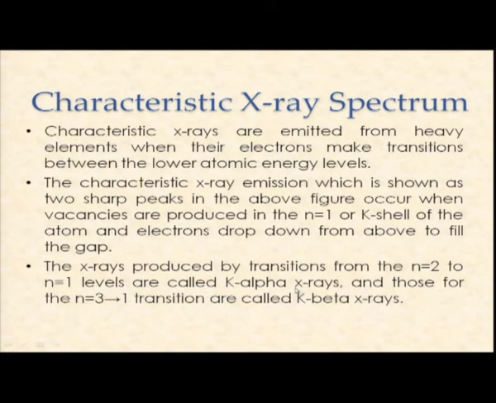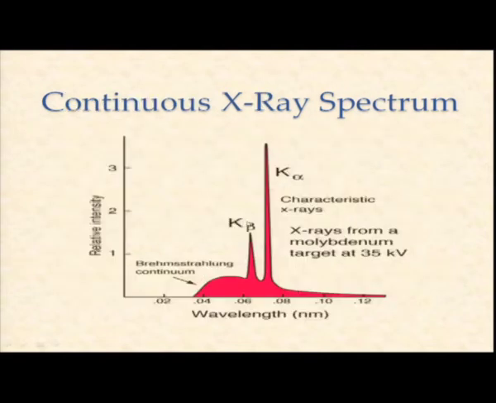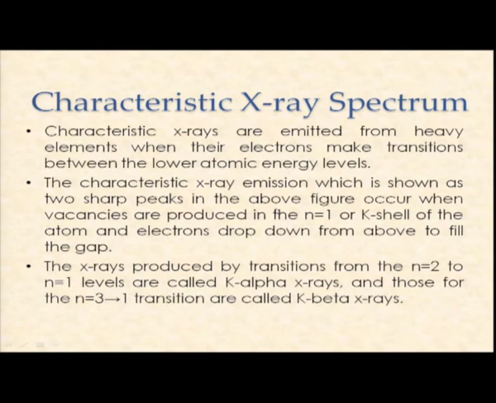Characteristic X-rays are emitted from heavy elements when their electrons make transitions between the lower atomic energy levels. The characteristic X-ray emission, which is shown as the two sharp peaks in this figure, occurs when vacancies are produced in the K shell of the atom and electrons drop down from the higher shell to fill the gap arising in the K shell.